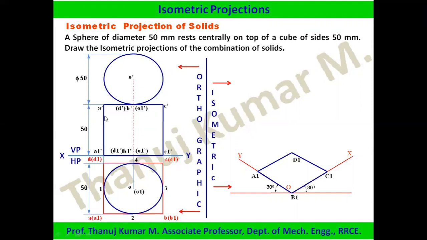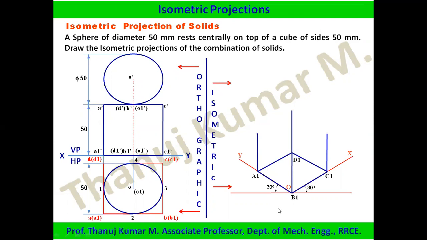So I'm measuring the A1 dash A dash length and locating it here. See, this is the A dash A1 dash in the front view, that is the orthographic view I've taken. This distance I've taken, measured, and converted into isometric scale here. After conversion, this point becomes A dash. So I've drawn the same length on all the corners. Measure this distance and transfer it here onto the points B1, C1 and D1.